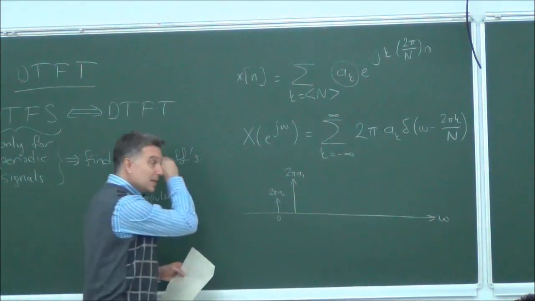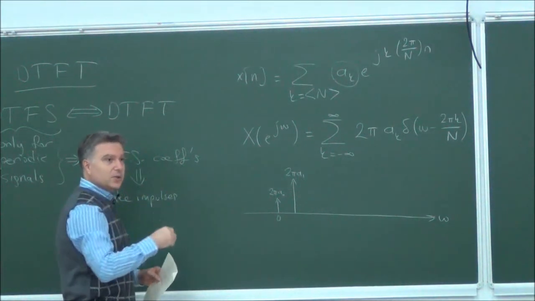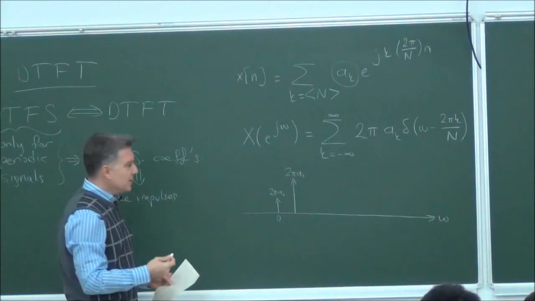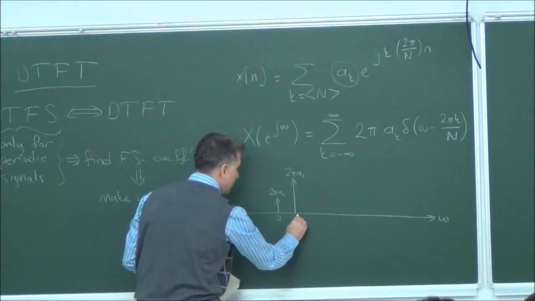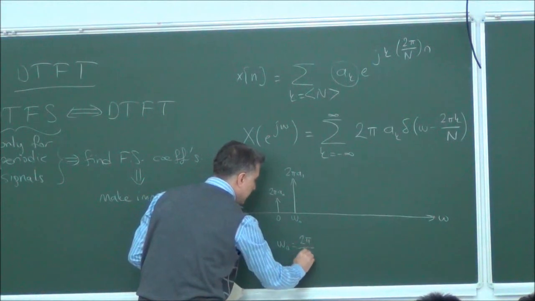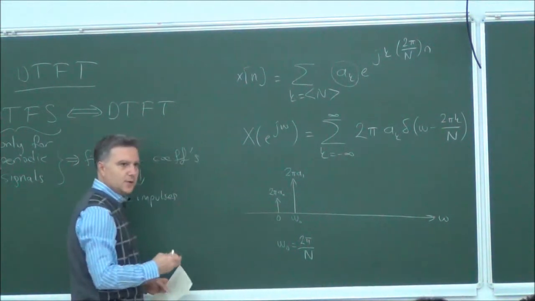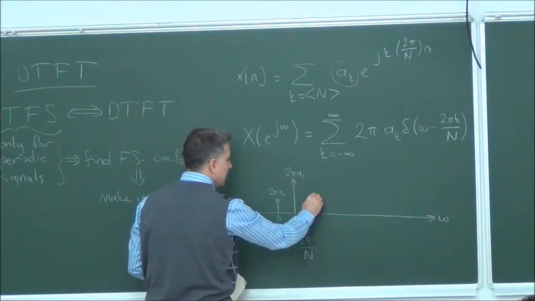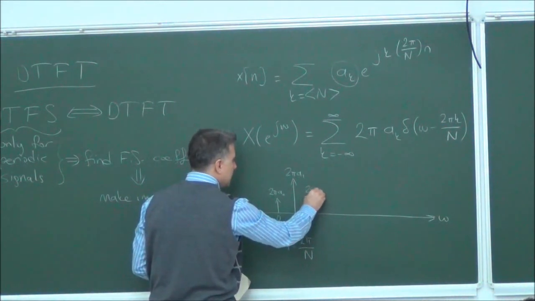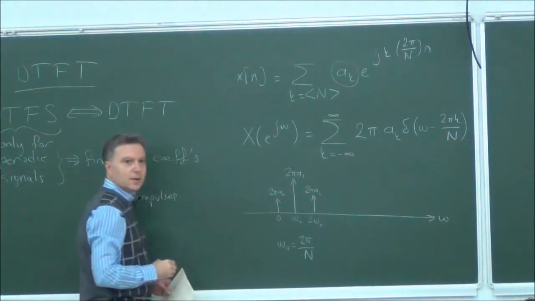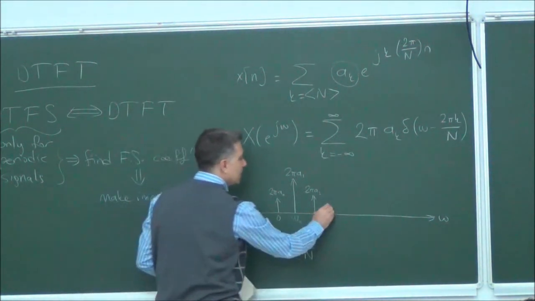Now this frequency is the first harmonic frequency. And what is that? That is omega 0, and that omega 0 is 2 pi over capital N. Then we have 2 pi times a2, and this is at 2 omega 0. And it goes on like this.